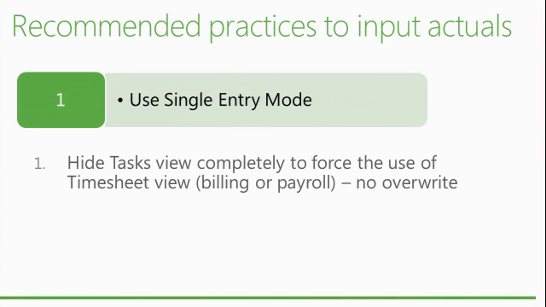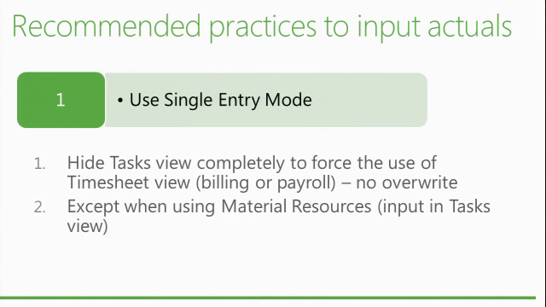So one good practice is to have only a single point of entry, that is the single entry mode, and to avoid any mistake from opening an additional view that allows updating the same type of information. That way, you get the information once, and it flows through the system, and it will not be modified or conflict with the task view that is updated through the process enabled by the single entry mode. Okay? So that prevents any override.